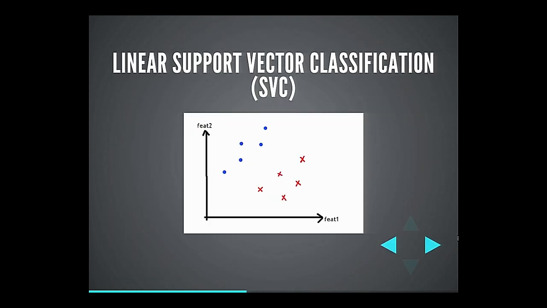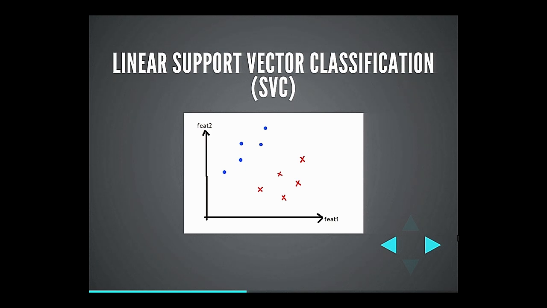So what exactly is linear SVC? Basically, let's pretend that we're doing binary classification now, and we have 2 features. So we're classifying things into whether they are red crosses or blue dots, and we're plotting them along these 2 axes of feature 1 and feature 2.